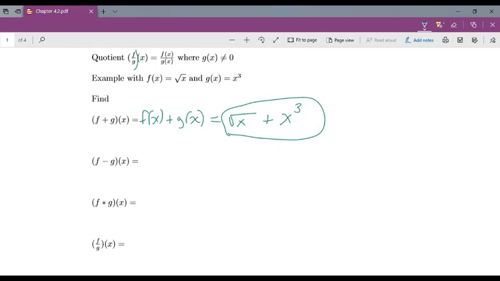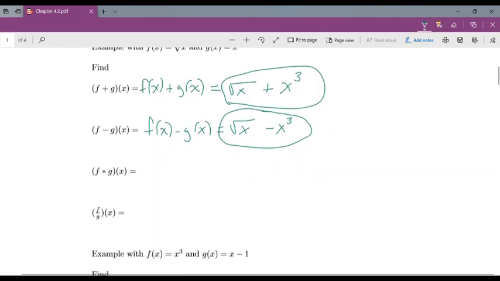Now let's look at f minus g of x. It's the same thing as f of x minus g of x, which is the same thing as the square root of x minus x to the third. Once again, we can't simplify here, so this is simply our final answer.